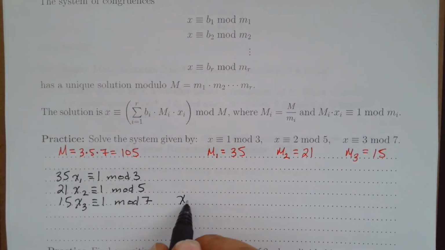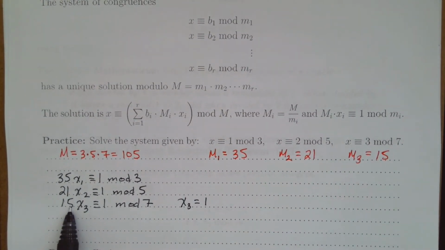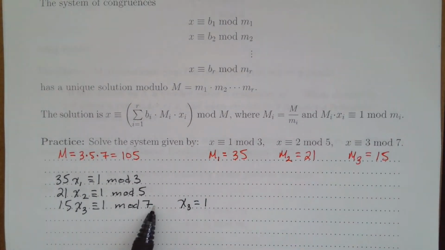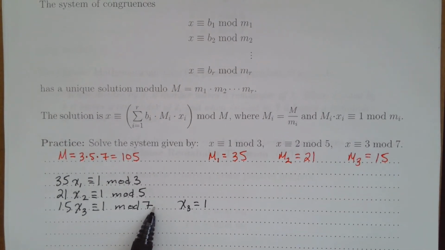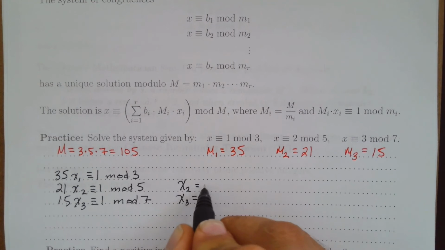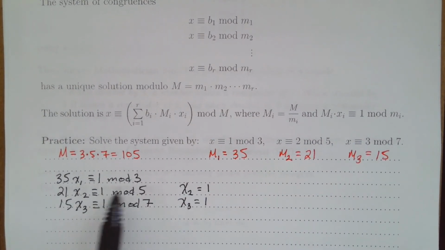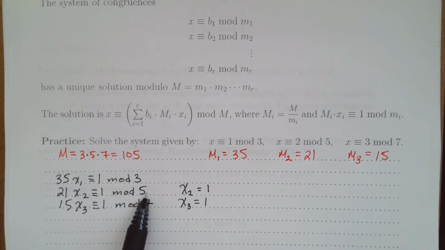we have x sub 3 is simply going to equal 1 because 15 is 1 more than 14, which is a multiple of 7. Similarly, by inspection, x sub 2 will also equal 1 because 21 is 1 more than 20, which is a multiple of 5.